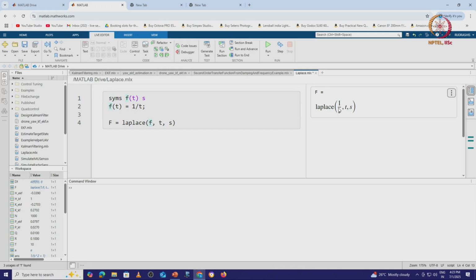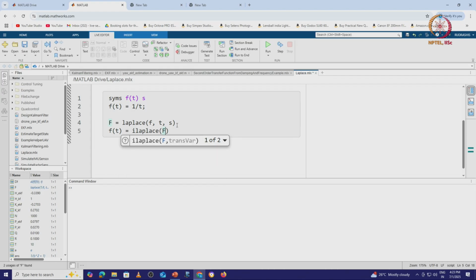So if we want to return the original expression from this, what we have to do: we have this capital F, right? Now if we want to see what this f is going to be, we have to do one inverse Laplace. So we write f of t is equal to inverse Laplace of this particular capital F of s, t.